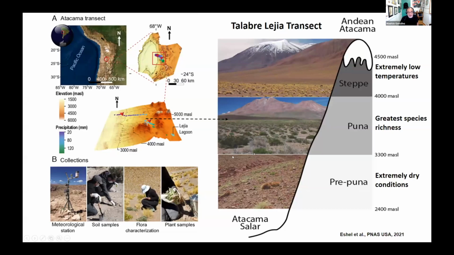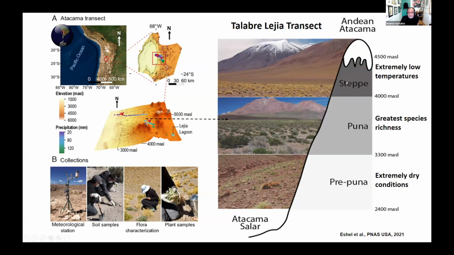Our natural laboratory is a transect named Calabria Lejía transect, which is located in the slope of the Andes mountain in the Atacama Desert, close to the Atacama Salar. This altitudinal transect gradient has three vegetation belts.